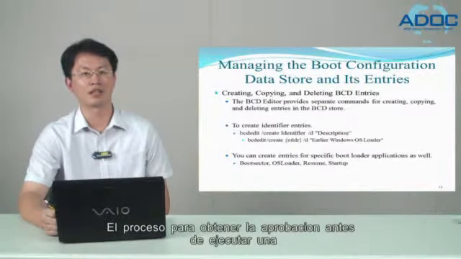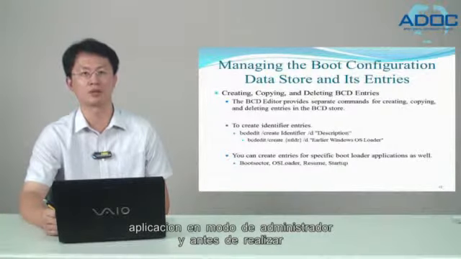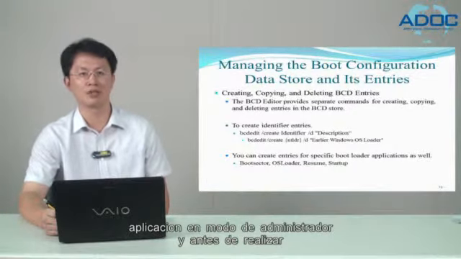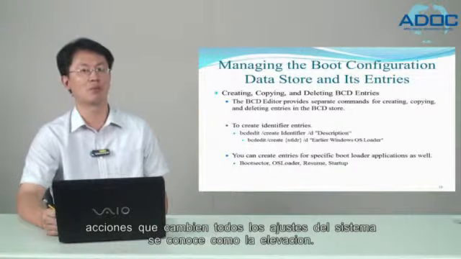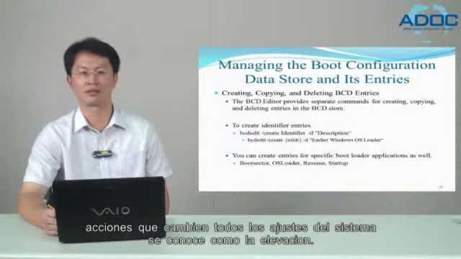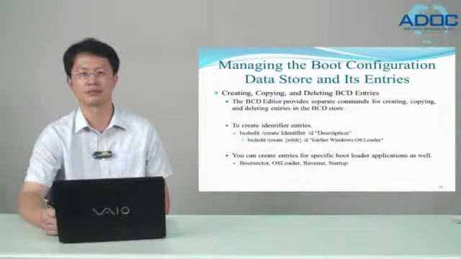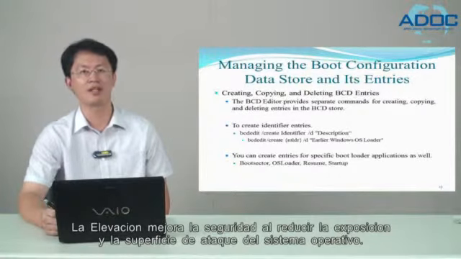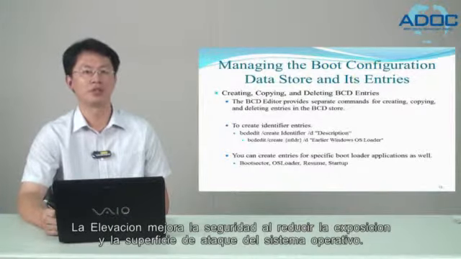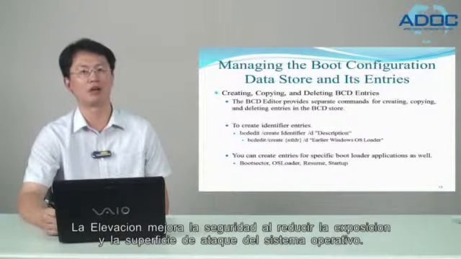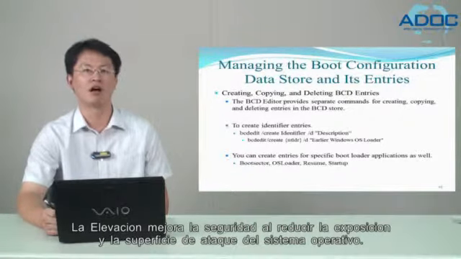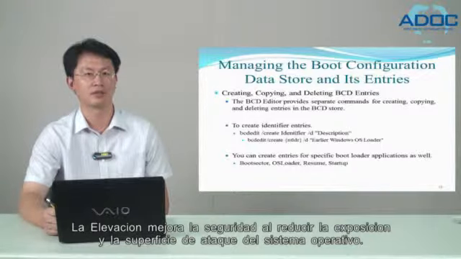The process of getting approval prior to running an application in administrator mode and prior to performing actions that change system-wide settings is known as elevation. Elevation enhances security by reducing the exposure and attack surface of the operating system.